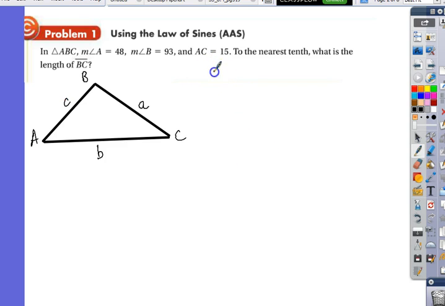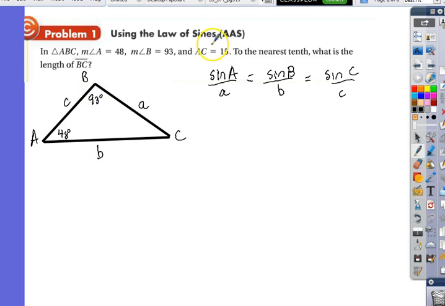And the law of sines says that the sine of angle A over, what do you think it's over? Little a is equal to the sine of angle B over little b is equal to the sine of angle C over little c. All right, what do I know? I know that angle A is 48 degrees, and I know that angle B is 93 degrees.